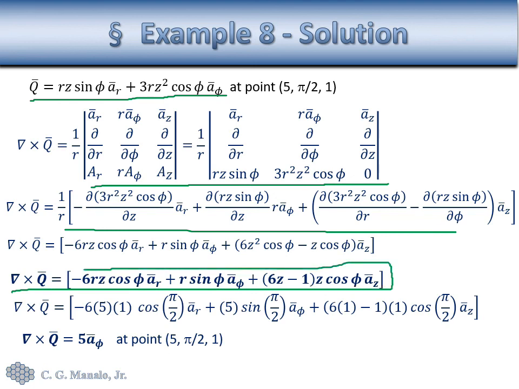This is the curl of the field Q, which gives us a vector field as well. Substituting the coordinates in the cylindrical coordinate system should give us this vector. So this is the curl of the vector Q at this point.